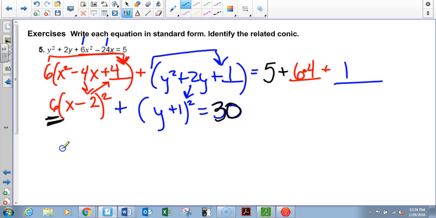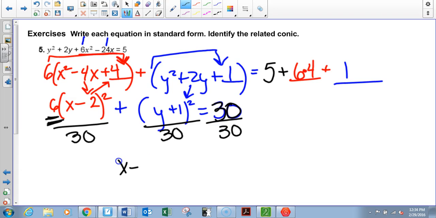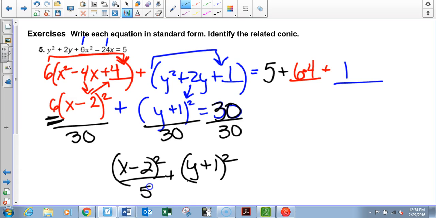Because of this 6 out here, it's been stretched, okay? So it's not a circle. If we divide everything by 30, it's not going to come out real pretty. But we'd have (x minus 2) squared over 5 plus (y plus 1) squared over 30 equals 1.